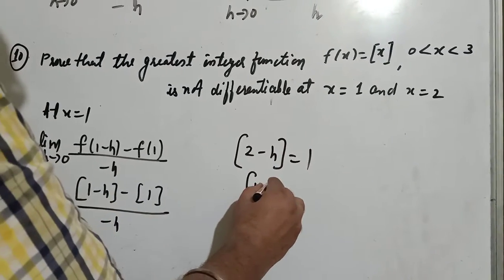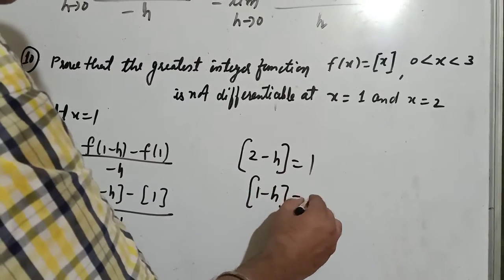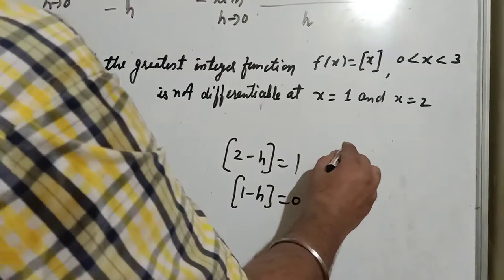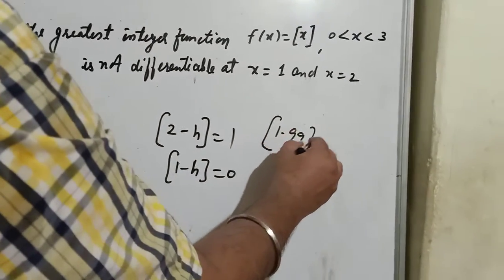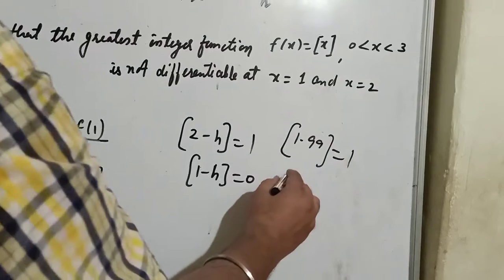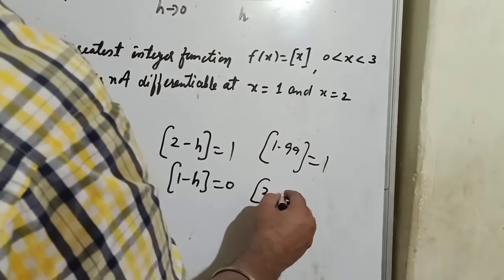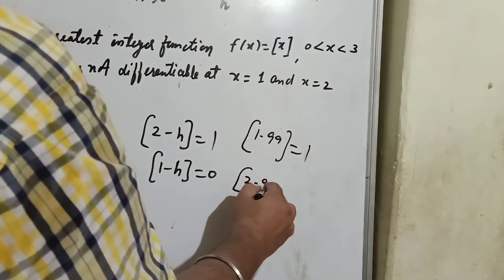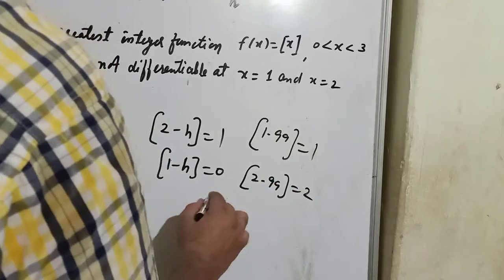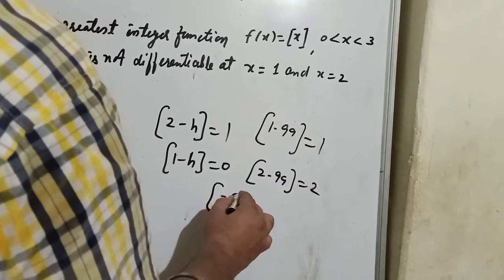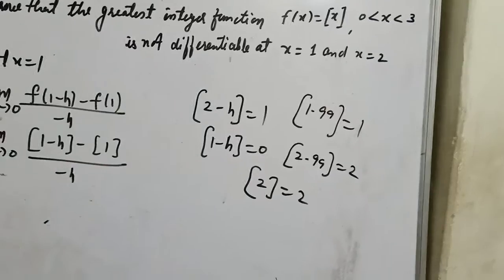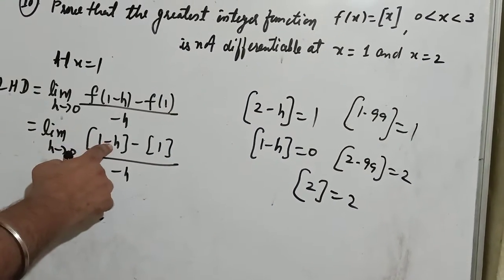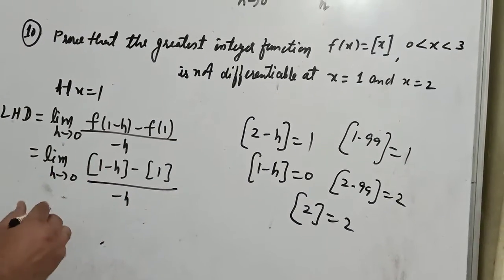If you are taking 1 minus h, this will become 0. You all know that the greatest integer of 1.99 will become 1, but 2.99 will become 2, and an integer will remain an integer. Suppose you are reading 2, it will be 2. So here for 1 minus h less than 1, it is 0.